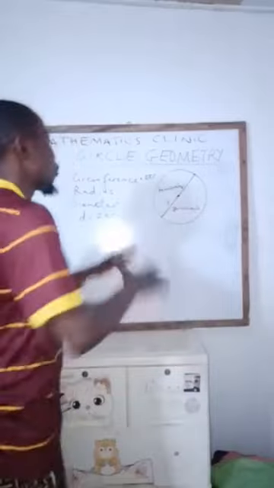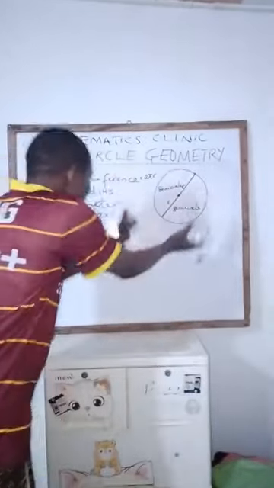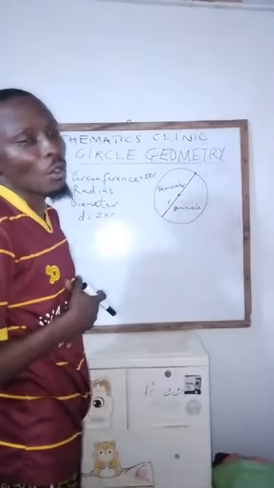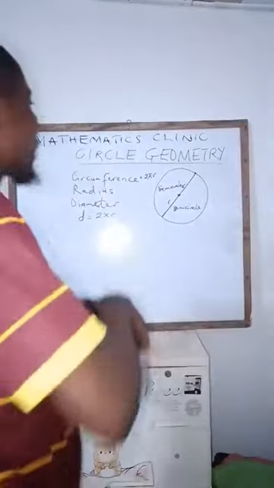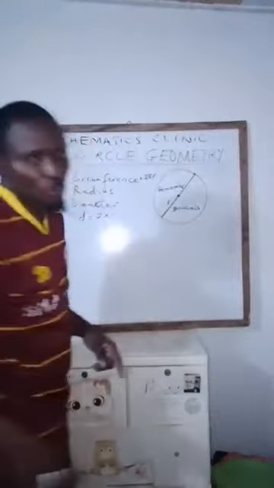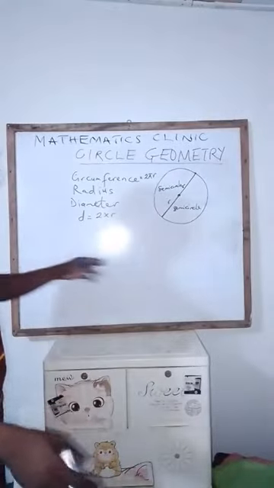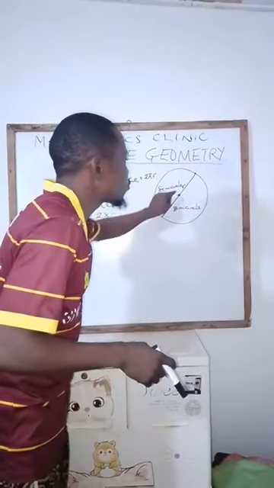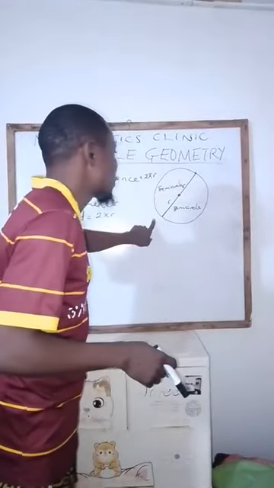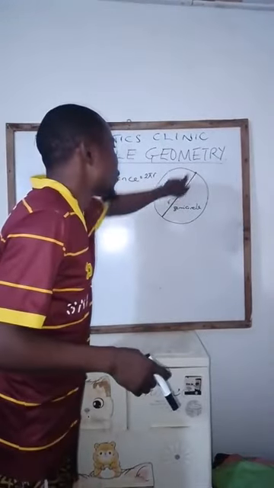I hope you're following. Remember, we started from what is a circle? A circle is that round shape, plane figure. From there, what is a circumference? Circumference is the total length surrounding the circle. Next, what is radius? Radius is that line from the center of the circle to any point on the circumference.